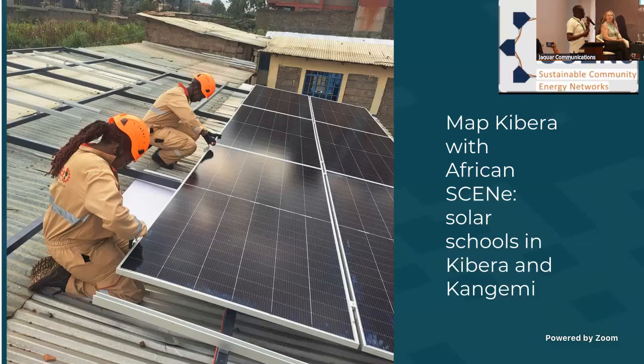Over time, we have done soft projects, giving people information, people benefiting from our data. But currently, we are running a project with African Scene in partnership with Nottingham University, among other partners, and even Strathmore University, to provide solar panels for schools, the schools that we had mapped.